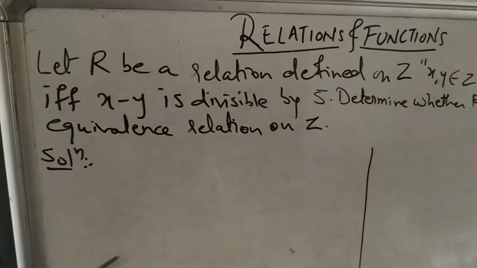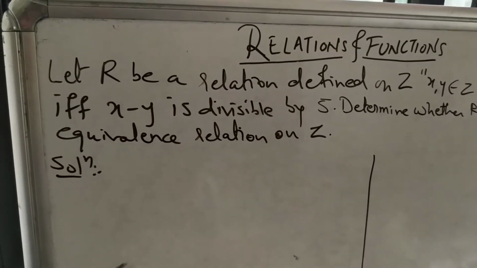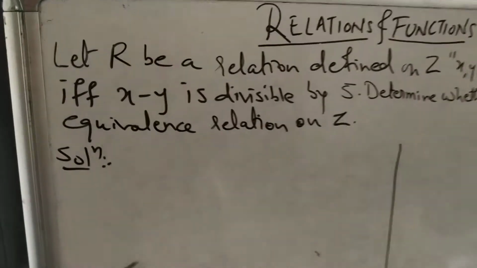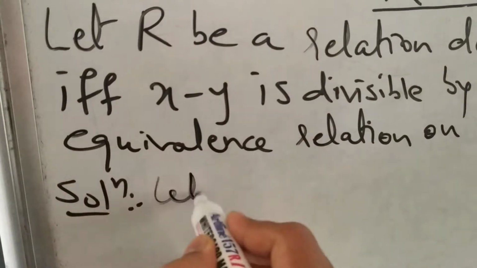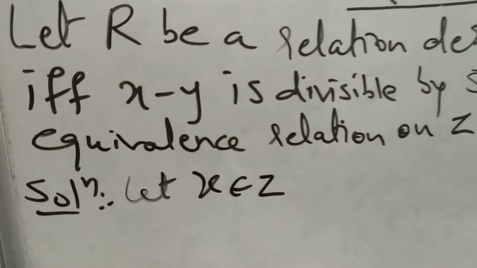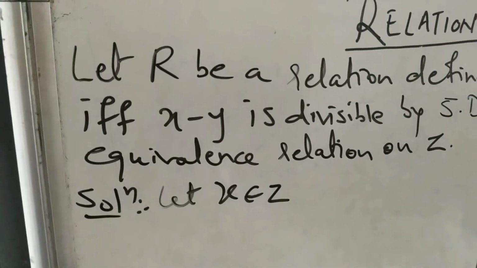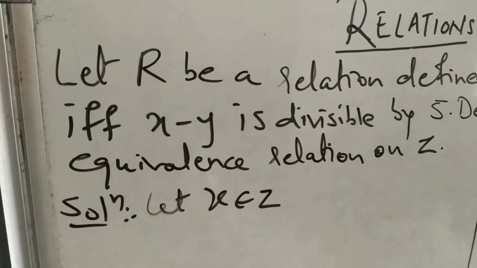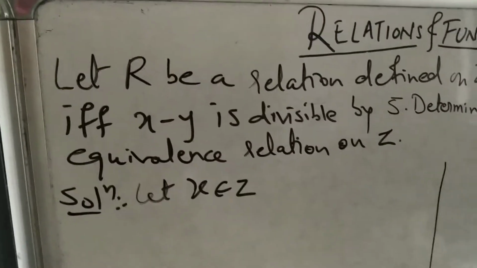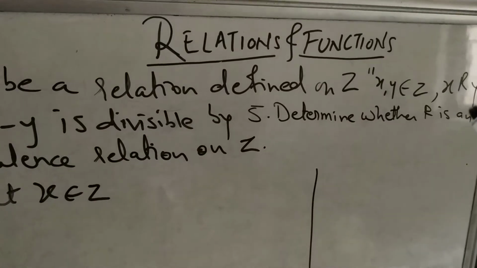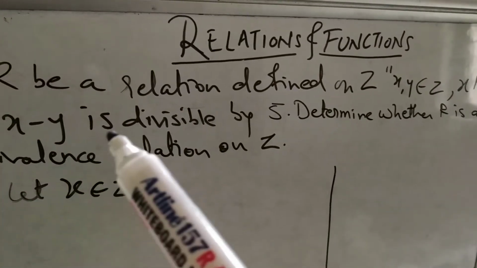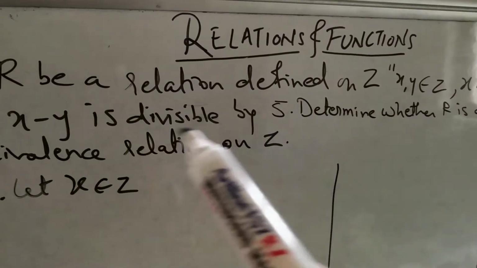Now to show that the relation is reflexive, let us take one variable. Let x belong to Z. The relation will be reflexive if (x, x) belongs to R, that is, x is related to x if x minus x is divisible by 5 as per the definition.